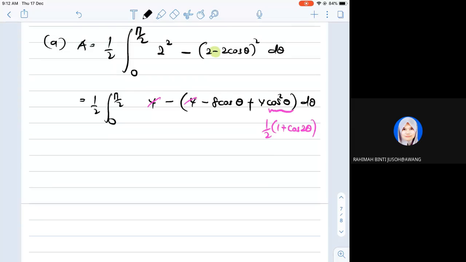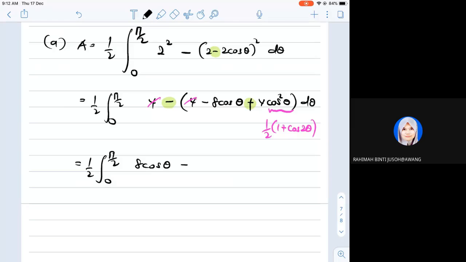So we have 1 over 2, 0 until pi over 2. We have negative 8 cos theta, so it becomes positive 8 cos theta. And then negative times plus becomes negative.